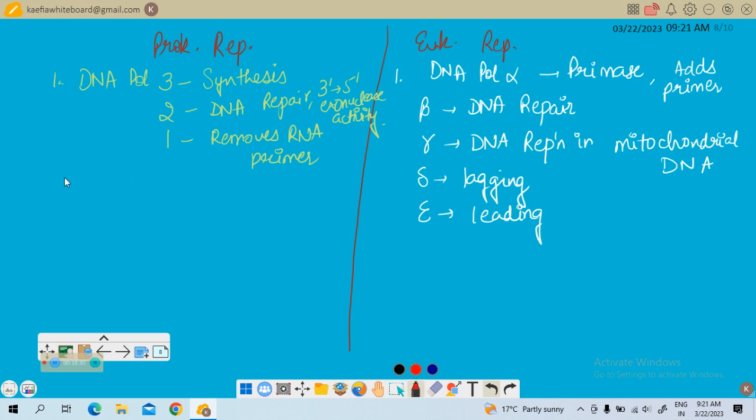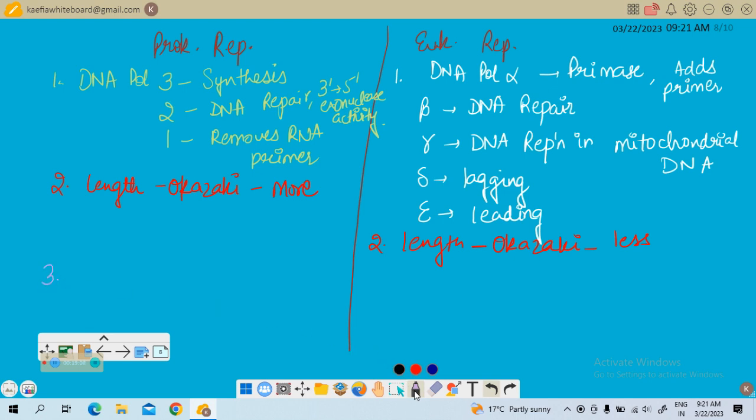Then in prokaryotes, the length of Okazaki fragments is more, whereas in eukaryotic replication, the length of Okazaki fragments is less.